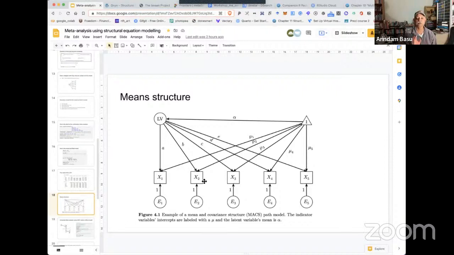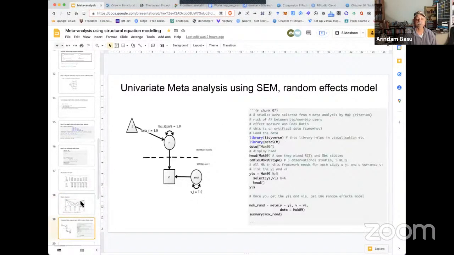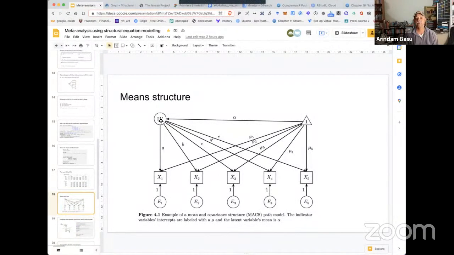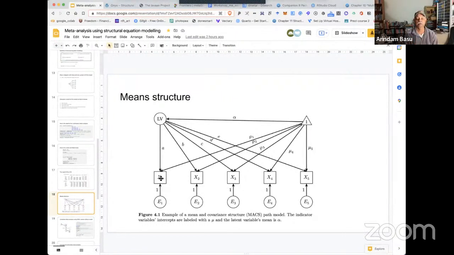Now, when we try to find out the mean structures of these, you see that alpha becomes the mean of LV, because 1 is a constant, and when the constant sends an arrow to the LV, then it becomes the mean of the exogenous variable. Whereas because these are your endogenous variables, the variables being explained by LV, mu1, mu2, mu3, mu4, mu5, I think I mixed it up.